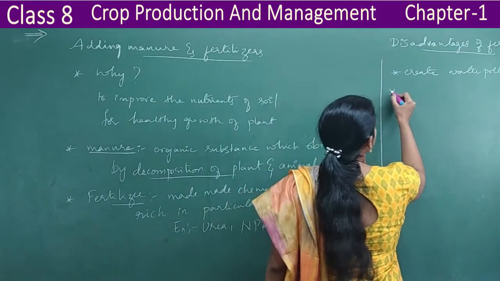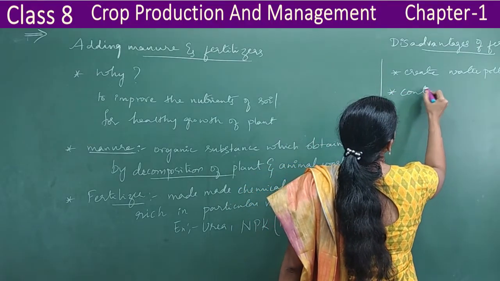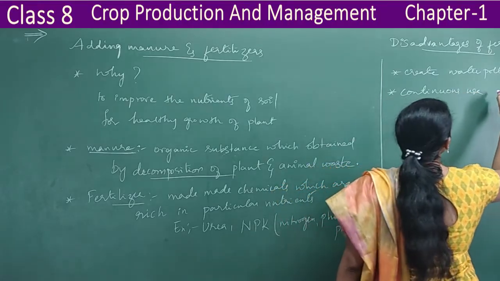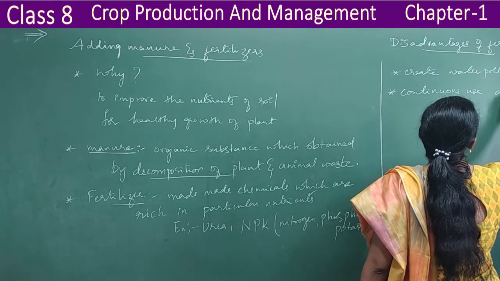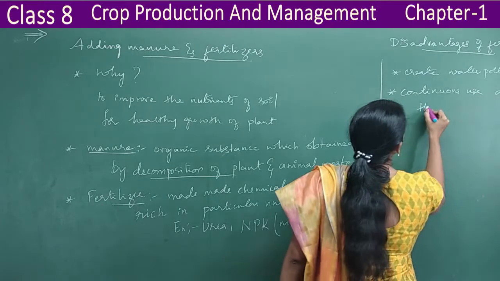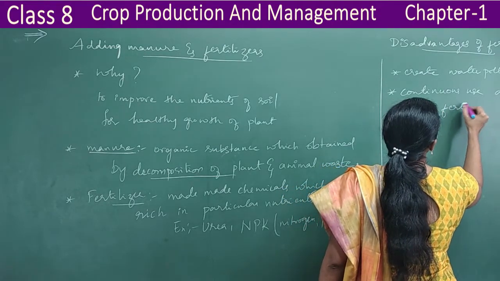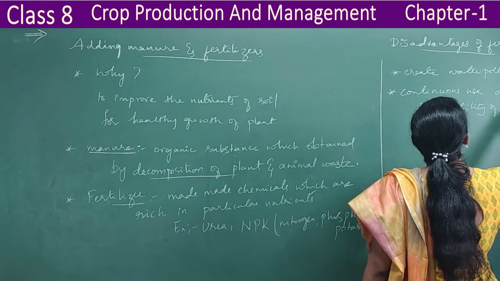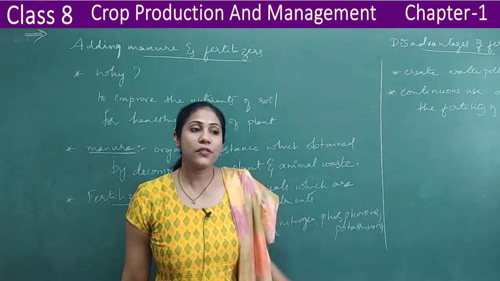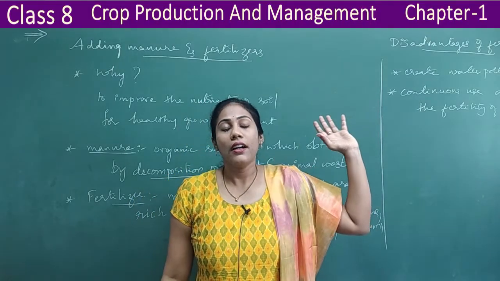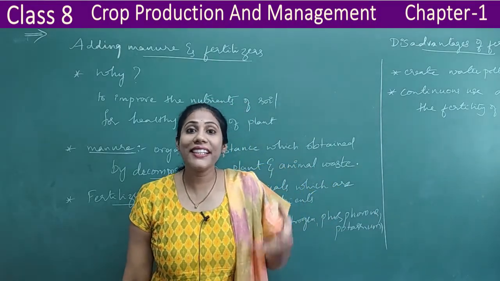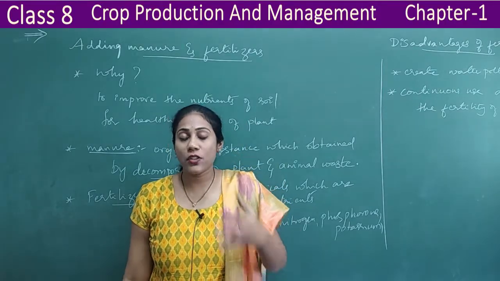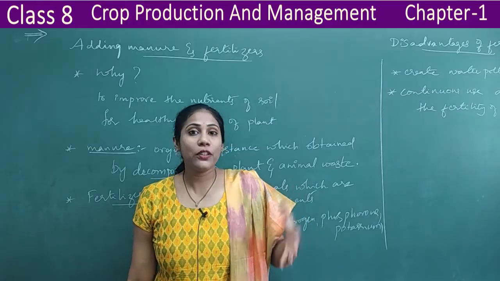And another thing is continuous use. This continuous use destroys the fertility of soil. So you should not continuously use fertilizers. When you use artificial things continuously, that decreases the fertility of a soil. Soil will lose its nutrients, soil will lose other microorganisms.